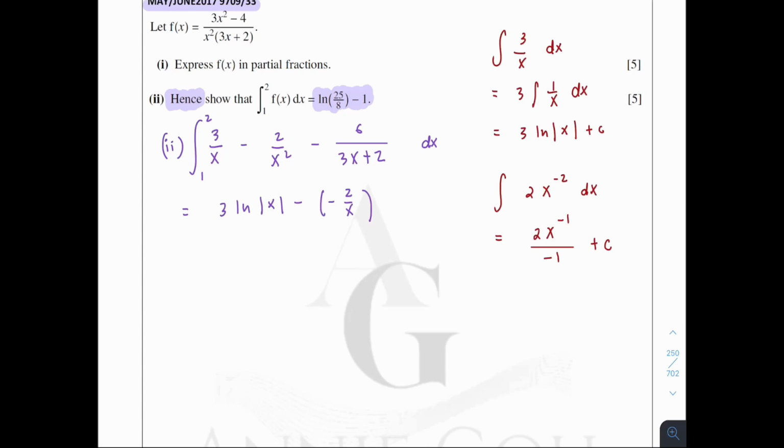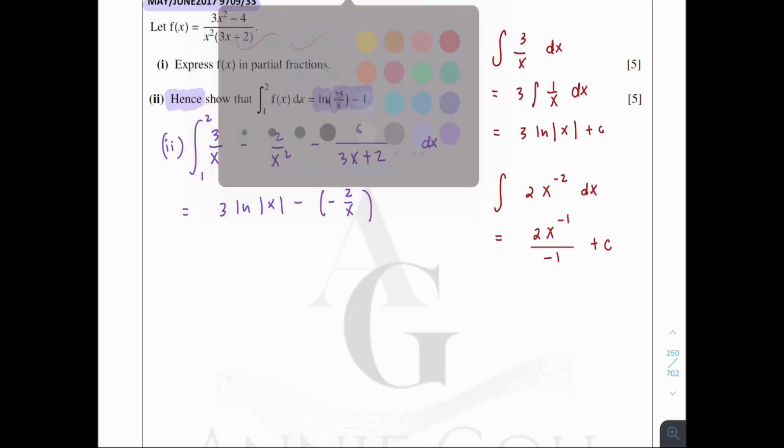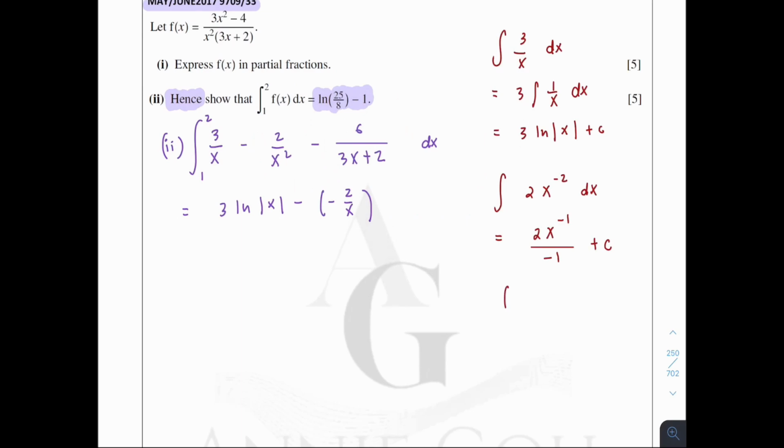As for the third term, we are supposed to integrate 6 over 3x plus 2. What we need to do is recognize this as the type of fraction where you can integrate by using ln. Now when we differentiate the bottom 3x plus 2, we should have a 3. But instead we have a 6 up there.